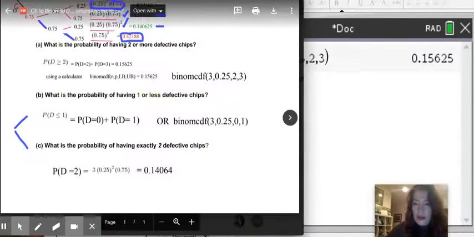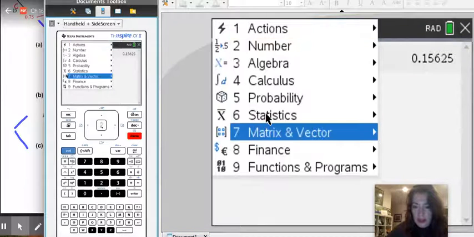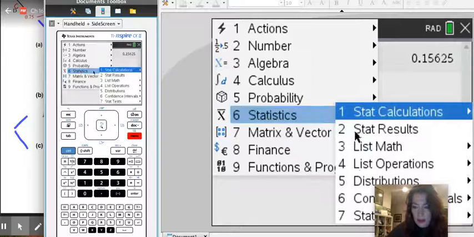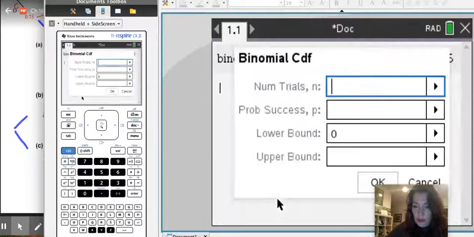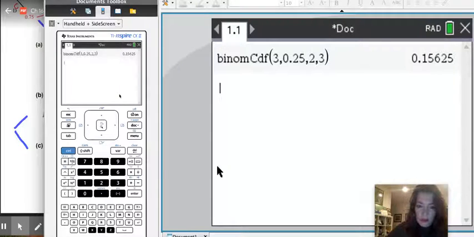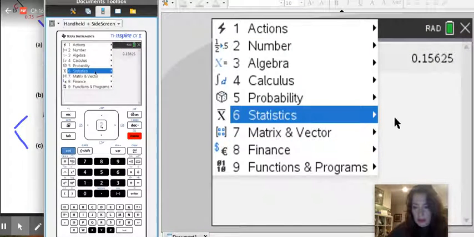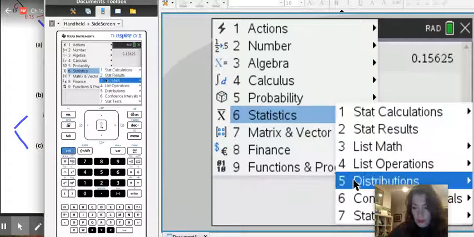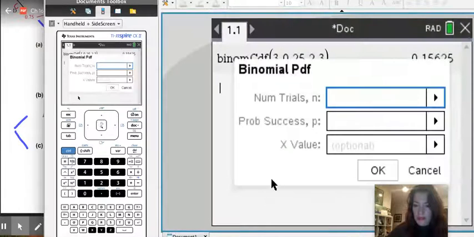So going to our calculator, we're going to go to Menu, Statistics, Distributions, Binomial PDF. You can see that for here it is exactly at 1 point.